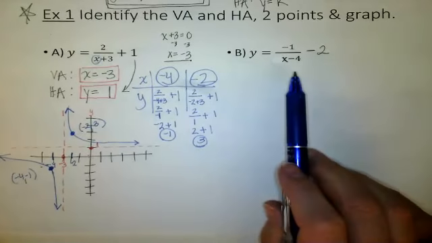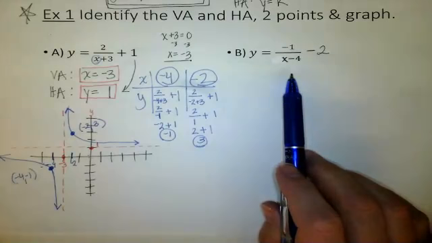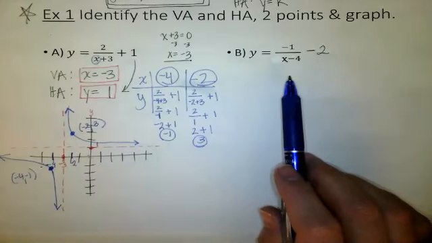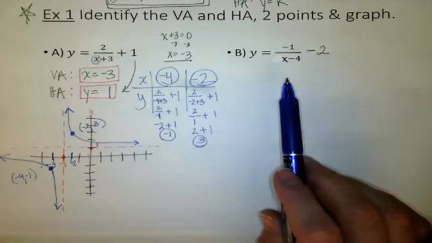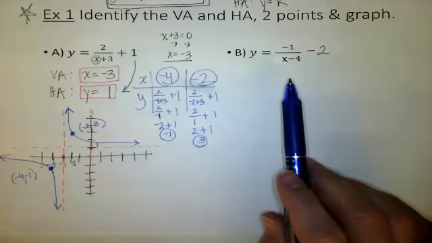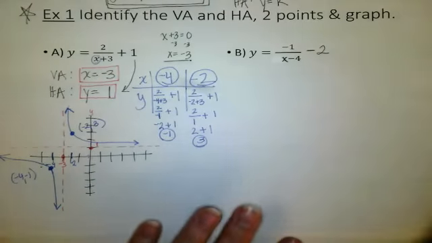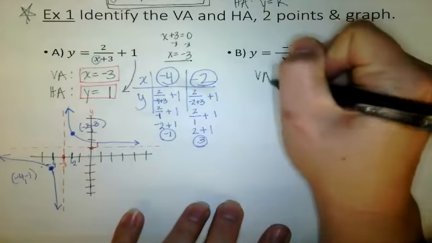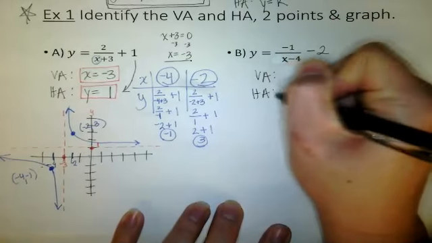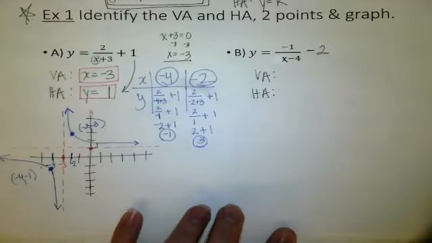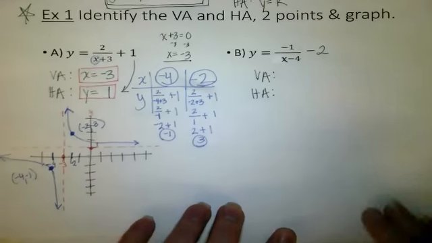Y equals -1 over x minus 4, minus 2. The first thing we want to find is our vertical asymptote and horizontal asymptote. Where does the vertical asymptote come from?